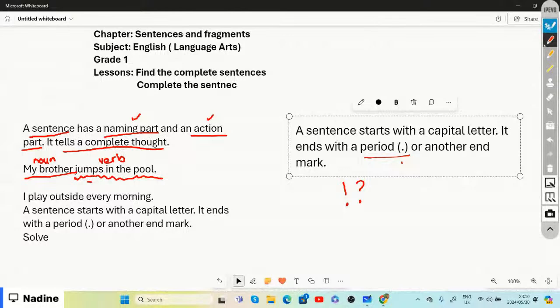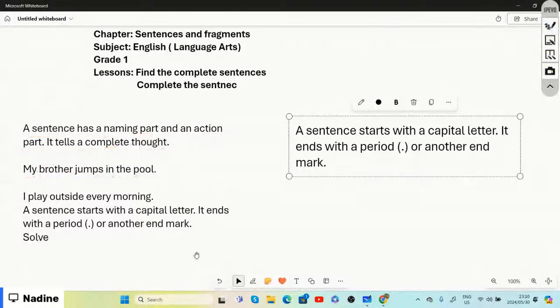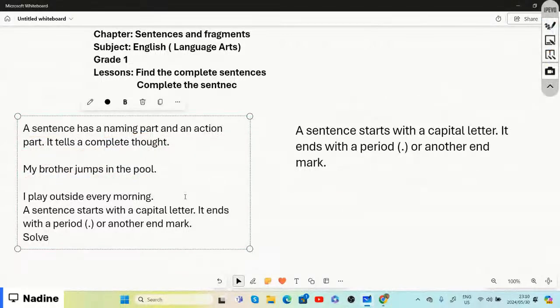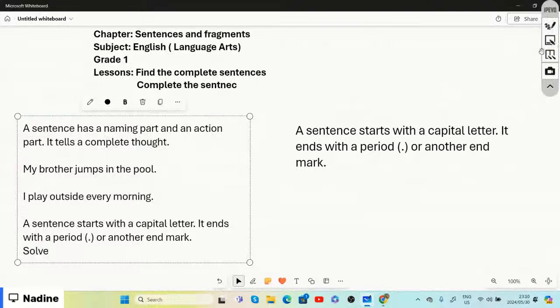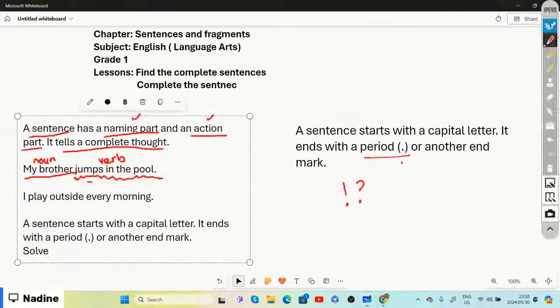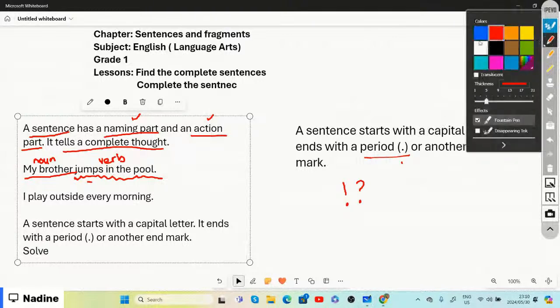And then we have another sentence that shows a complete sentence. Let me use a different color. It says, I play outside every morning.